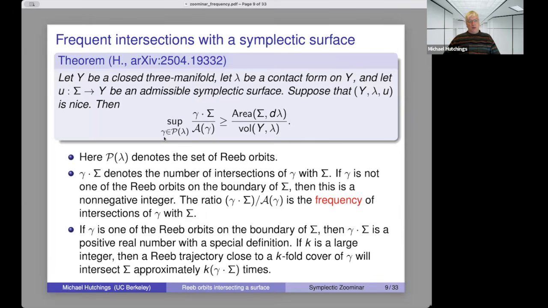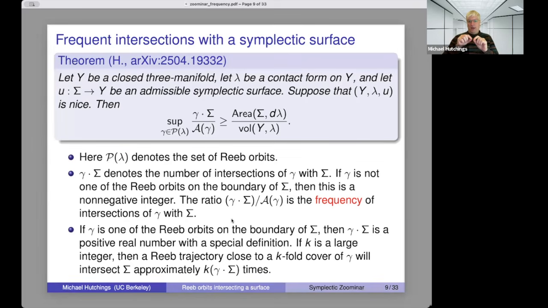Now, this γ is also allowed to be one of the boundary Reeb orbits, and there the definition is more complicated. There's a precise formula for it, which I'm not going to reproduce, but the idea of what the definition means is that I start somewhere near this Reeb orbit γ, and I follow the Reeb vector field so that I'm going close to parallel to the Reeb orbit and staying in a neighborhood of it, following it around k times, where k is a large integer.